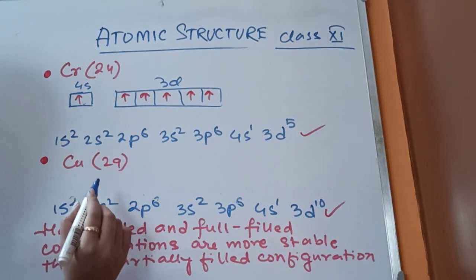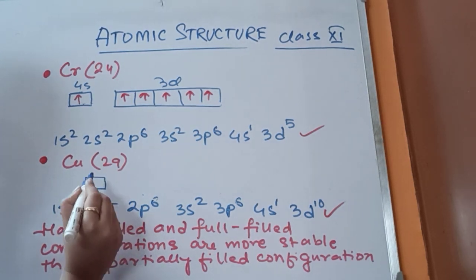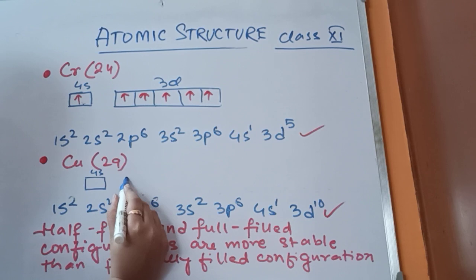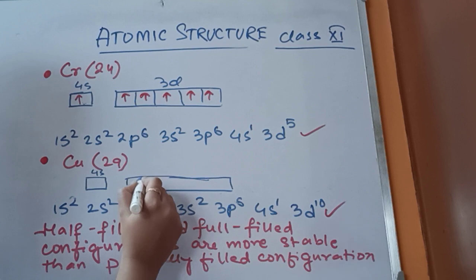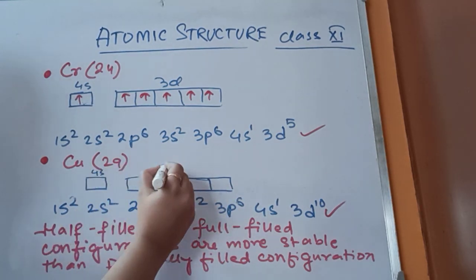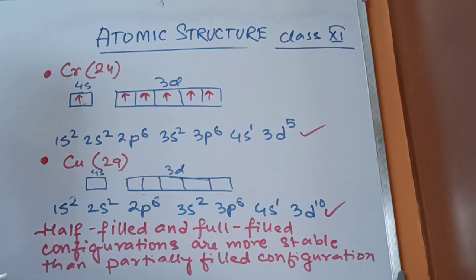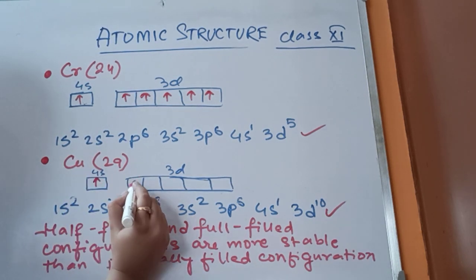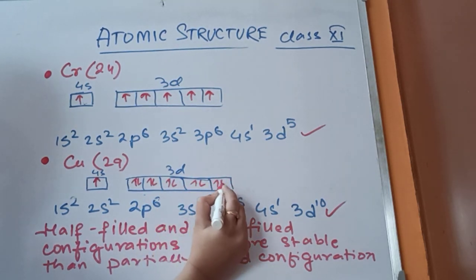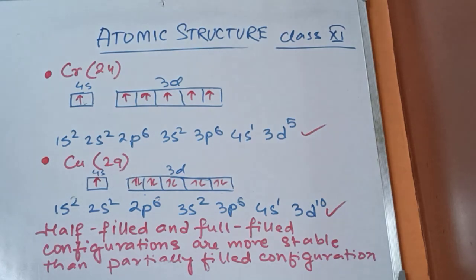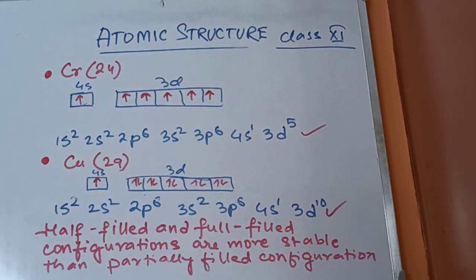In the second case, for copper, 4s, 3d. 1 electron in 4s and 10 electrons in 3d. You can see that this configuration has 4s having 1 electron, that is half filled, and 3d having all 10 electrons, that is full filled.